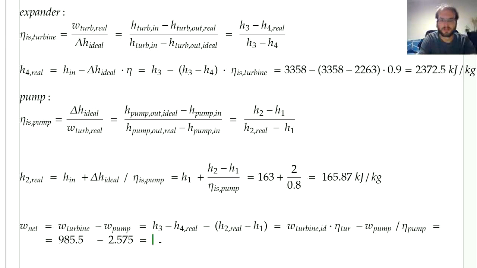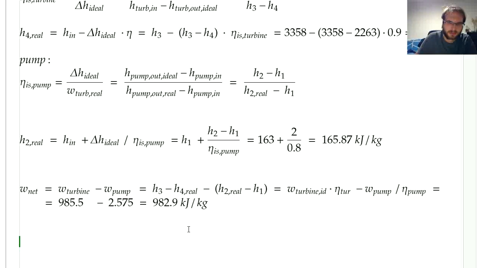The resulting net work of the cycle decreased from 1093 kilojoules per kilogram to just 982.9 kilojoules per kilogram.